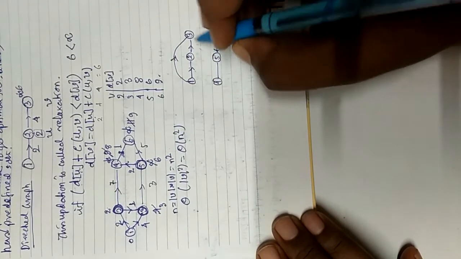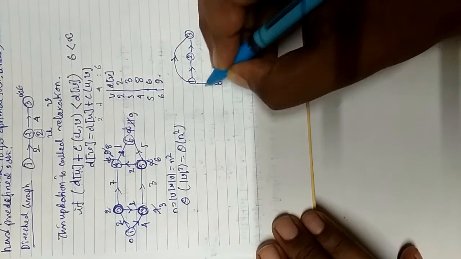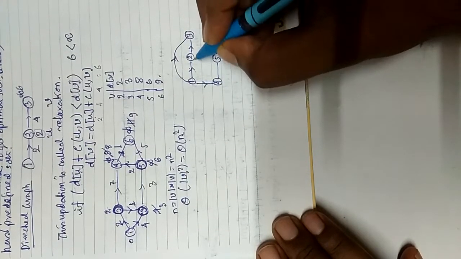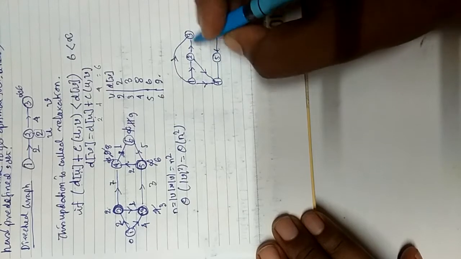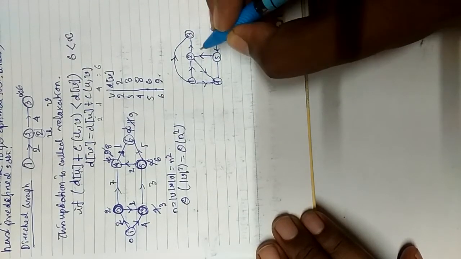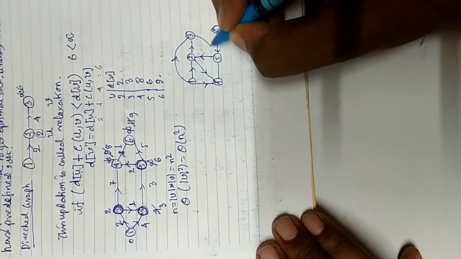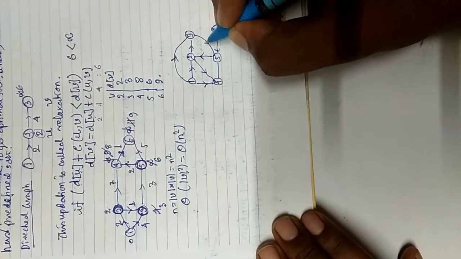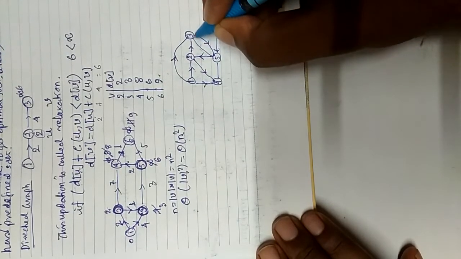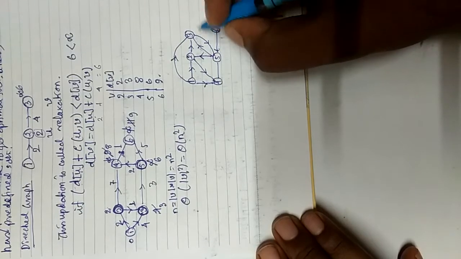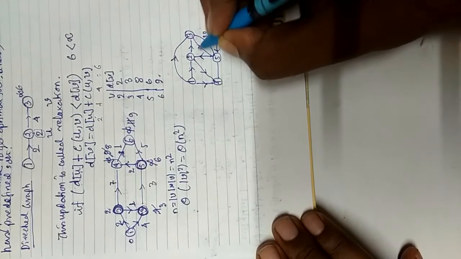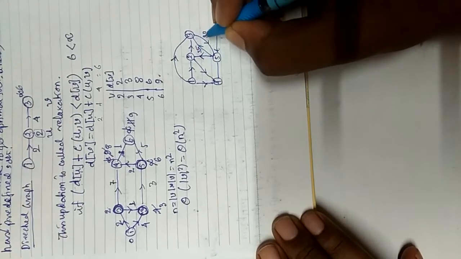Now see the edges. This one, this one, this one, and 3 to 5, and it is 5 to 3. So it may happen that both costs may not be the same.